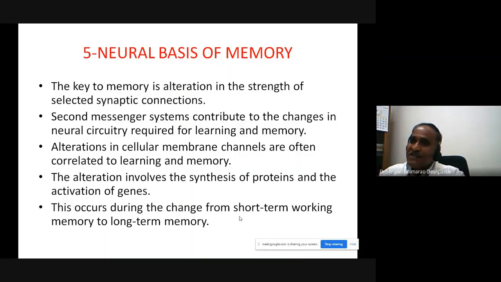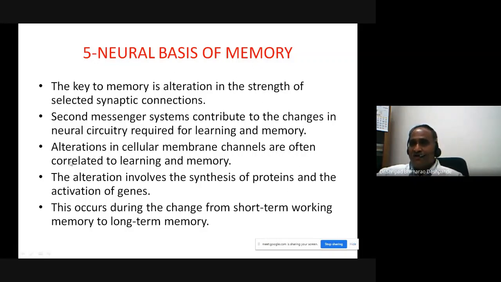Now these synaptic contacts have certain basic features. One, they are activated by ion channels. They involve the second messenger systems, which contribute to the strength of the memory, so for learning and memory they become important. The second messenger system leads to the working of the ion channels, which are important for the release of transmitters or for the action of transmitters.